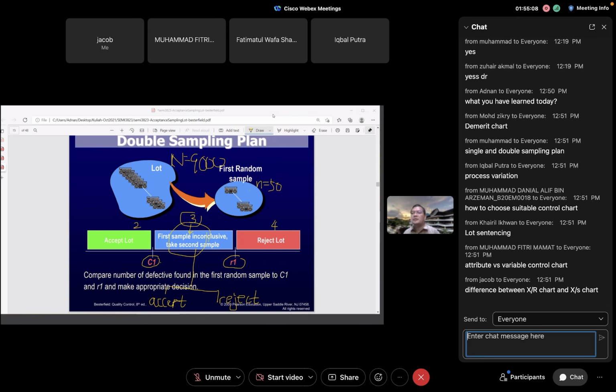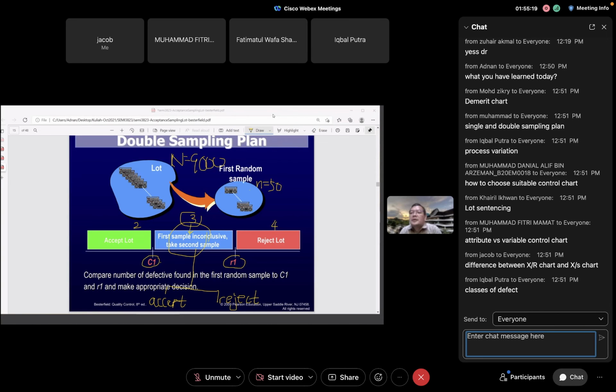Attribute versus variable control charts. Difference between X-bar R and X-bar S charts. Okay, good. Classes of defects. Okay, very good. We have class A, class B, class C.